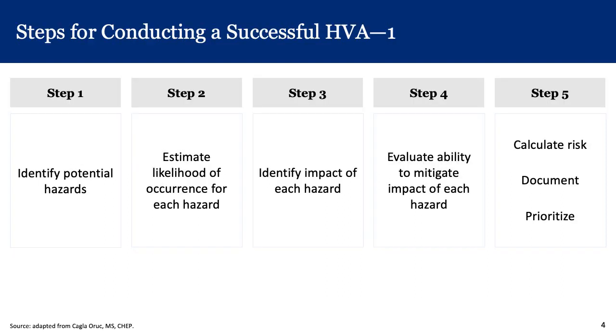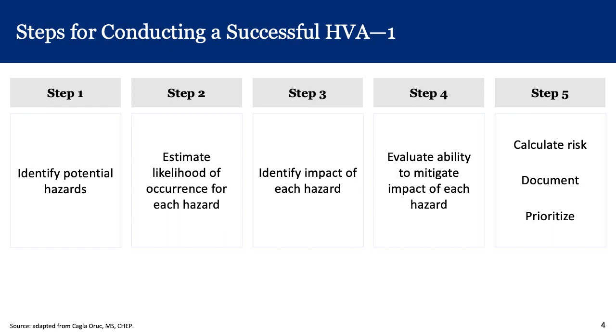Here is a step-by-step depiction of the process for conducting a successful HVA. So from left to right, the first step is to identify potential hazards that pertain to one's jurisdiction or region. The second is to estimate the likelihood of occurrence of each of those respective hazards.